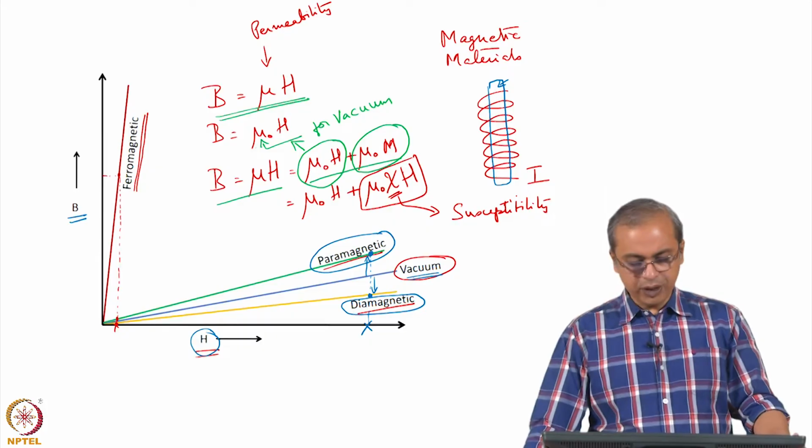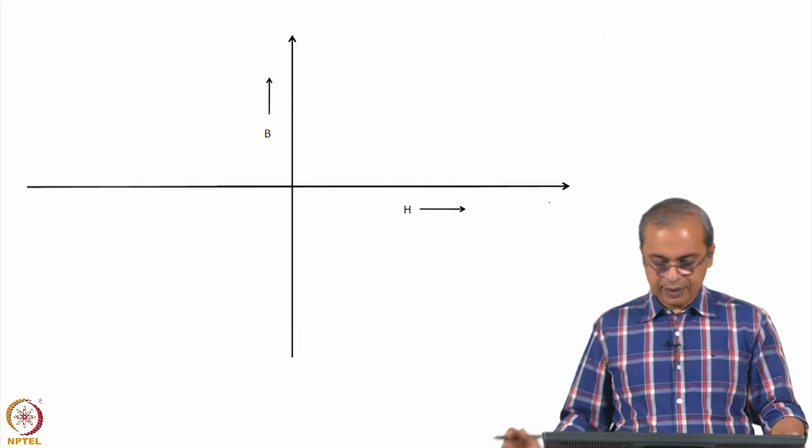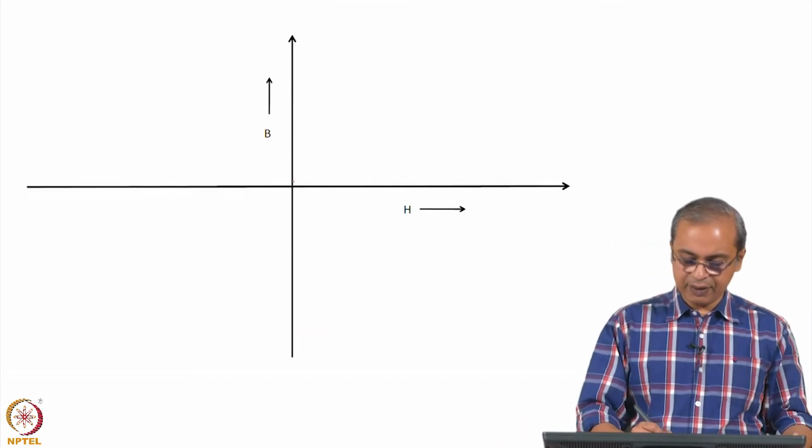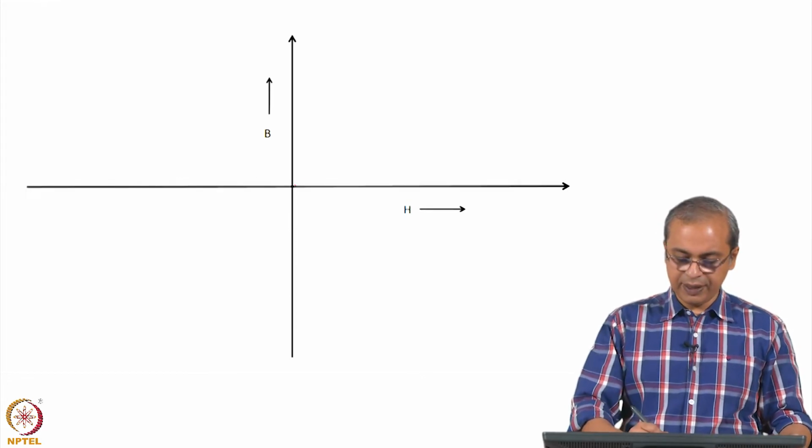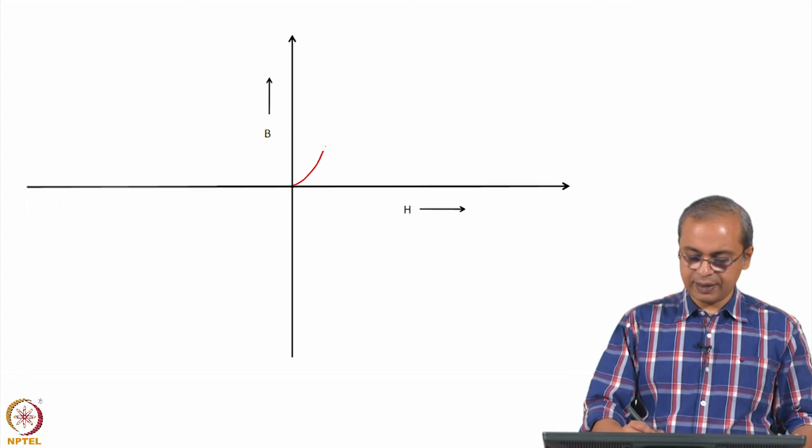Now, if you actually look at a ferromagnetic material, then you see this behavior. When you apply a magnetic field, you start with this value H and you start applying the magnetic field, you will see a behavior that looks like that.